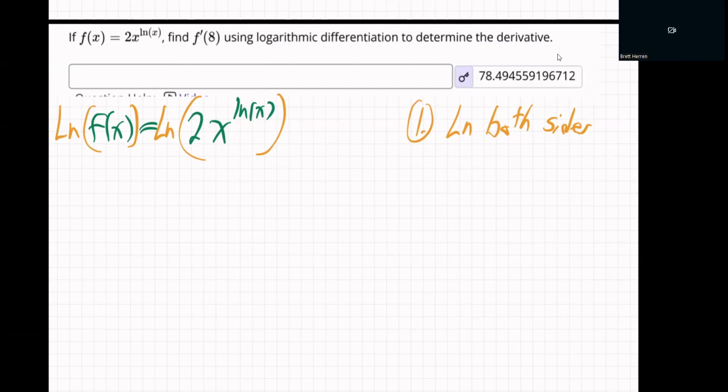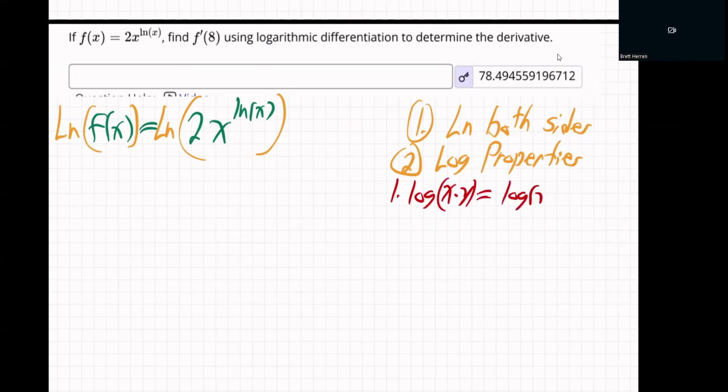And then step two is to use the log properties. This is why we do logs, because they have some nice properties. Property number one is that the log of x times y is the log of x plus the log of y.